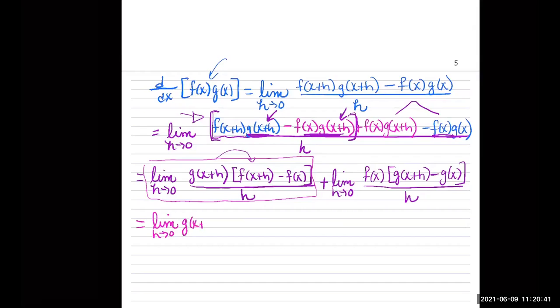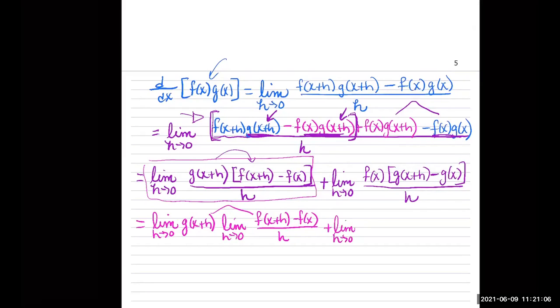So we have a limit law that says I can write that limit in front of each one. Notice if I multiply these two together, I would get what I have in the step above. The limit of a product is equal to the product of the limits. Same thing for this second one.